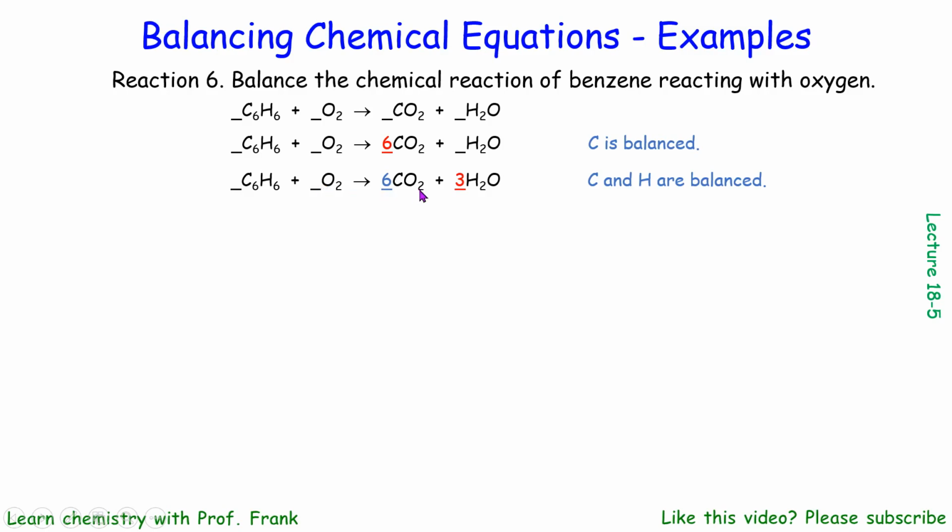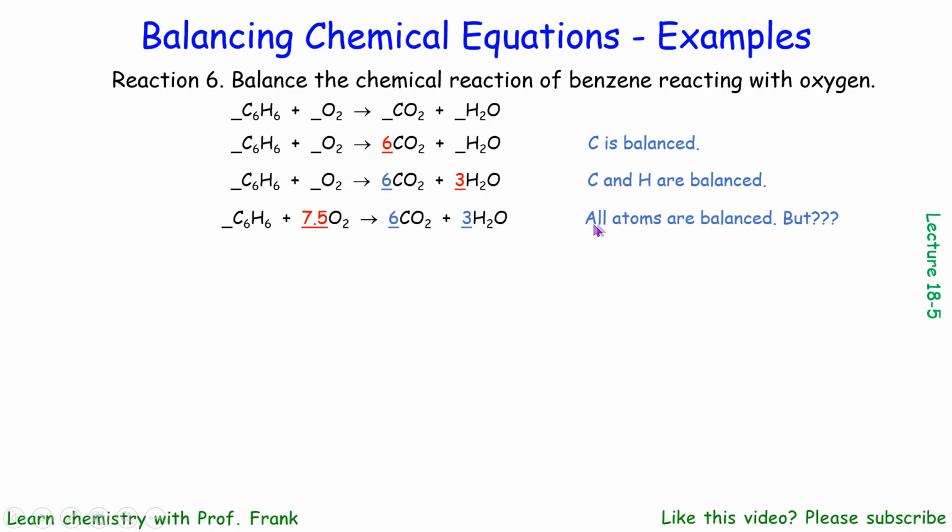After the reaction, that's 12 plus 3, that's 15. So we need to add a coefficient of 7.5 on the left-hand side. That would make 15 oxygen atoms, which equals the number of oxygen atoms on the right-hand side.